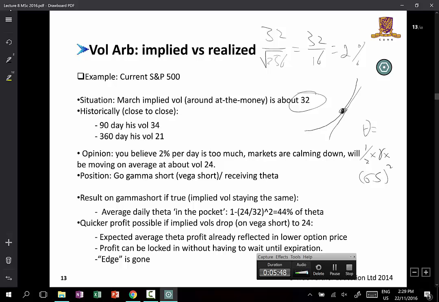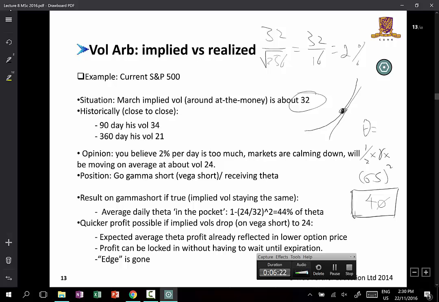And if S&P 500 was let's say 2000, then if there is any movement in the S&P 500 which is 2% or less, then you get to make some money, because the theta that you will be paid every day is driven by a movement of at least 40 points.